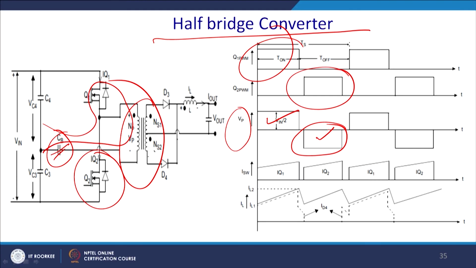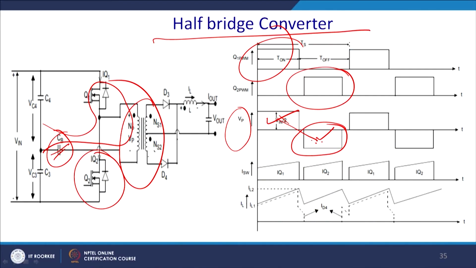When Q2 is triggered, the flux automatically gets adjusted. Unlike all the DC to DC converters we have discussed till now, where we have not balanced the flux by switching, here you have a chance to balance the flux by applying a negative voltage across the transformer and resetting the flux in every cycle.